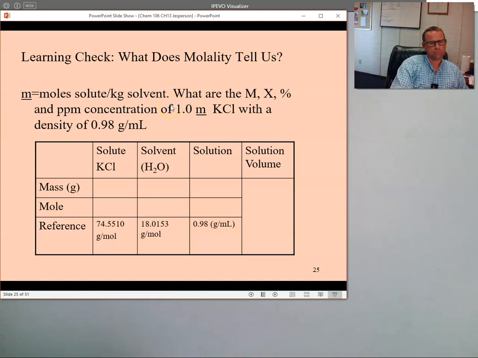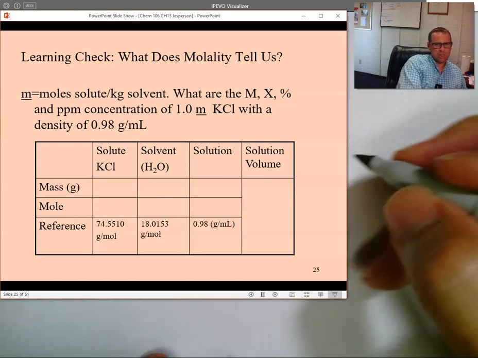We have 1 molality of KCl, which is moles of solute over kilograms of the solvent. Oh, we would know the mass. Mass of what? Mass of KCl.